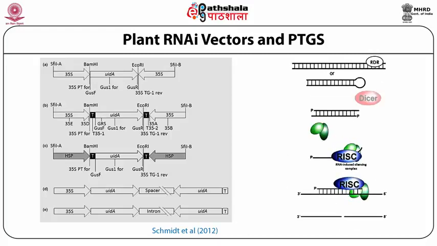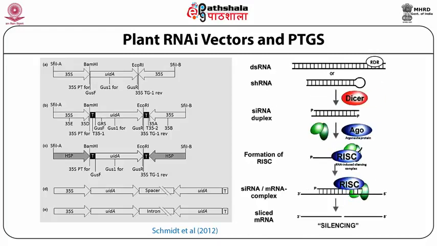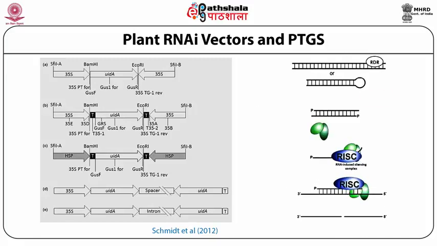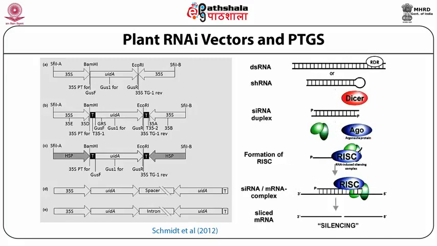Wherever there's a complementary sequence for the target RNA, the siRNA binds to that, and the RISC will degrade the double-stranded hybrid structure through endogenous cell enzymes, thereby silencing the gene expression. When the transcript is not there, gene expression is not there.